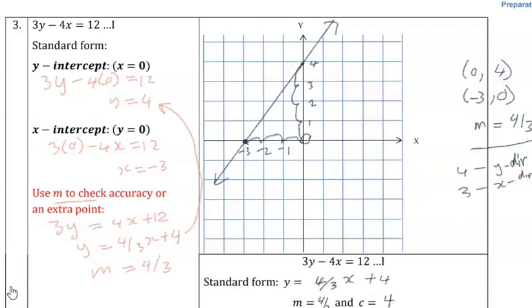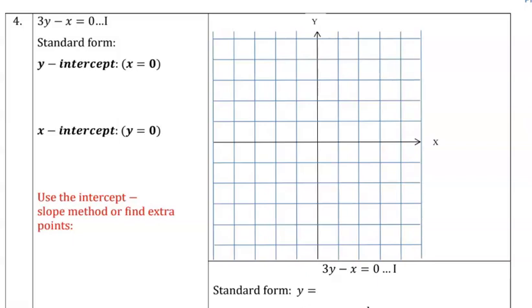Both are positive, plus 4 and plus 3. So now we can just label the graph, and the graph will be y equals 4 over 3 x plus 4. You don't have to write all of this. You can, for instance, just have that. And then it's neatly done. So I've just shown you how we count the blocks.